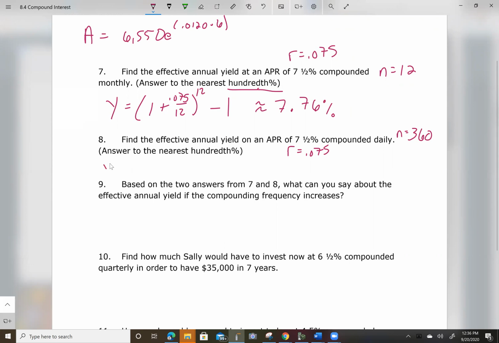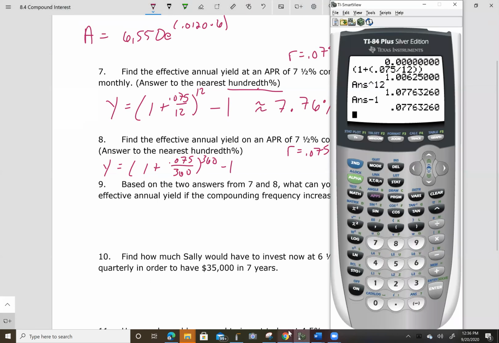So in this case, y is going to be equal to 1 plus 0.075 divided by, oops, sorry, divided by 360, to the power of 360 minus 1. And maybe I'll just do this one step at a time also so I don't get it messed up in the calculator.